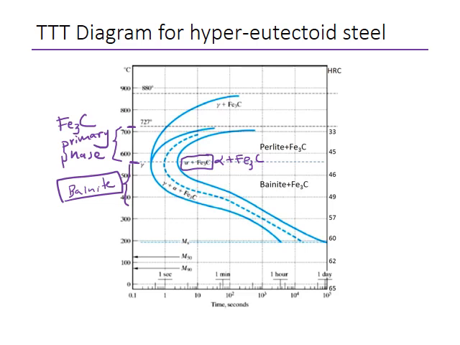But you have to know that you will have really pearlite plus primary cementite here, and below that you only have bainite. You only have bainite because below this, there is no longer primary cementite. You will only have bainite.